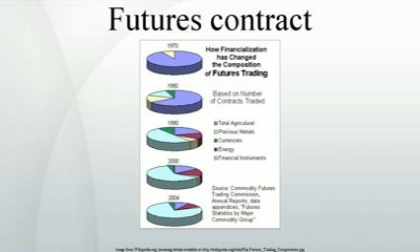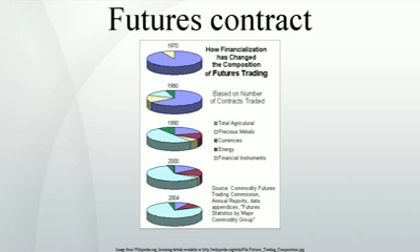Codes. Most futures contract codes are 5 characters. The first 2 characters identify the contract type, the third character identifies the month and the last 2 characters identify the year.